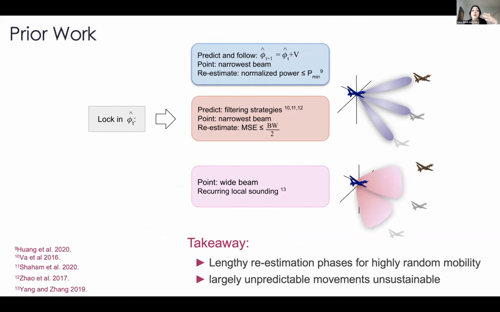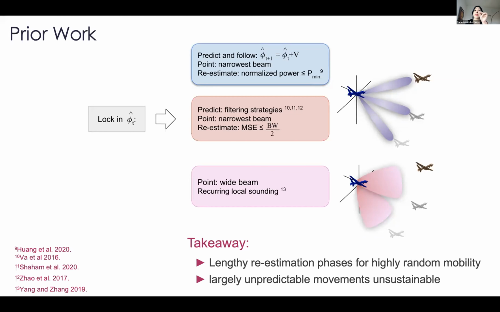The first two work in the world of predicting and following, whether with a filtering strategy, which I'm showing in orange, or just a simple way of predicting the velocity, knowing where you're going, and a very simplistic filter where you just track the angle of arrival.